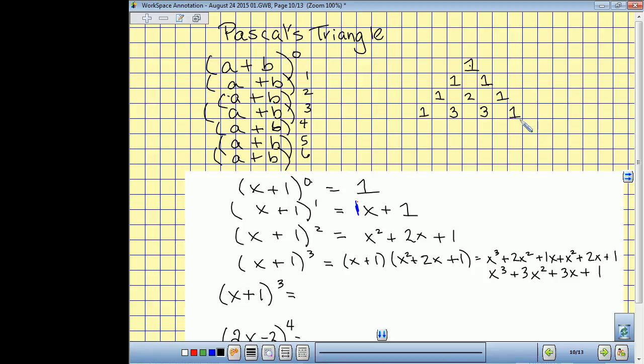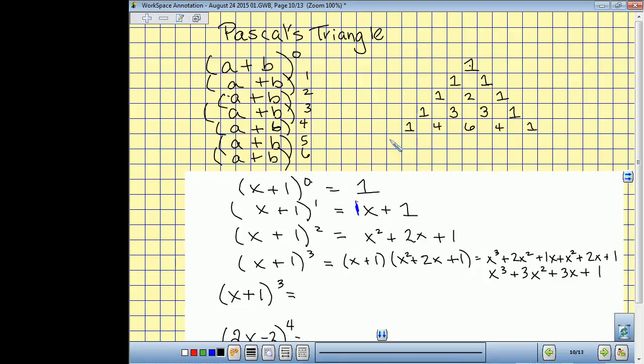Okay, raise your hand if you see the pattern. Okay, then what do you have? What's the next line? Just tell me the next line. 1, then 4, then 6, then 4, then 1.